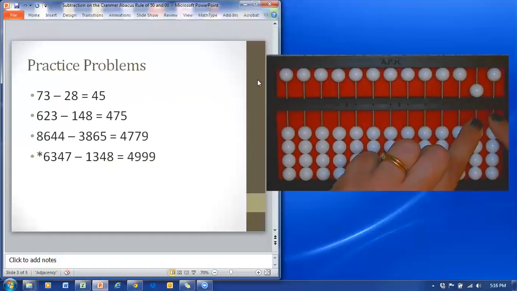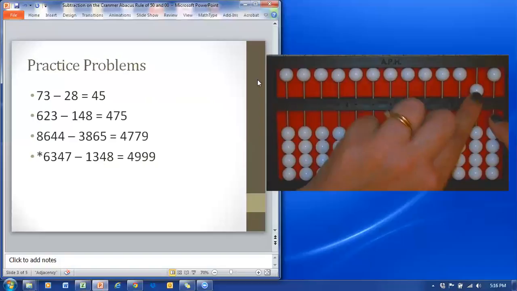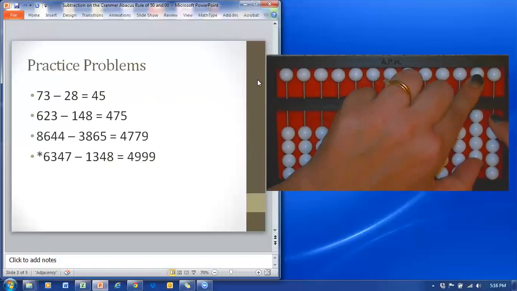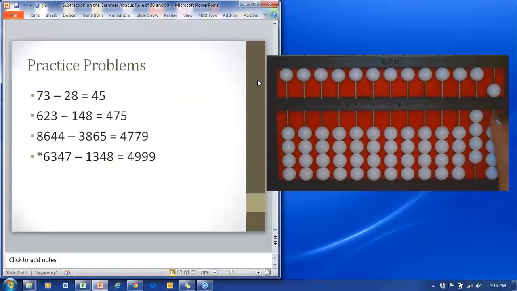The next place I can move away is in the tens column, that 5 bead. So that's 4 away as I return below and return the 9 in my current column. Continue subtracting. 5, 6, 7, 8. Notice our answer is 45. 73 minus 28 equals 45.